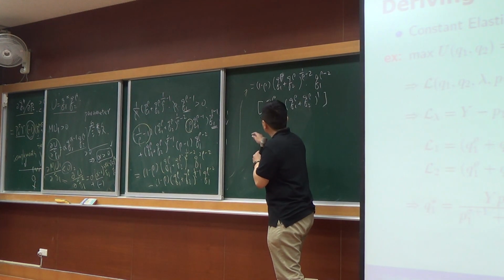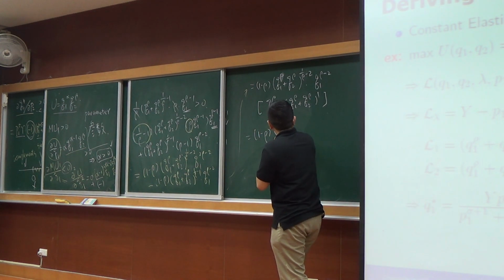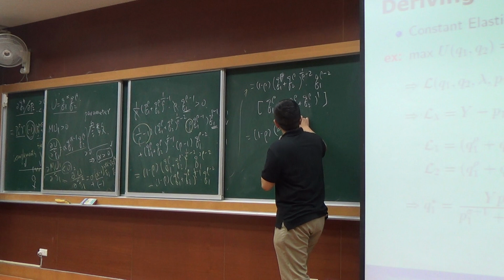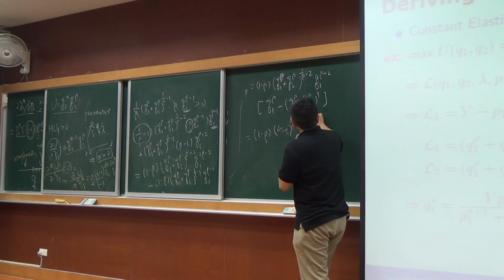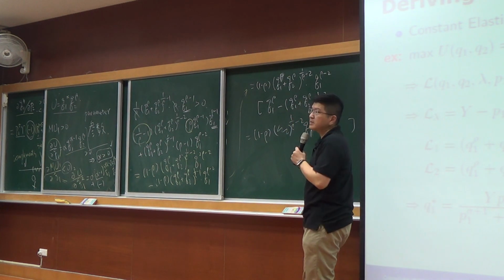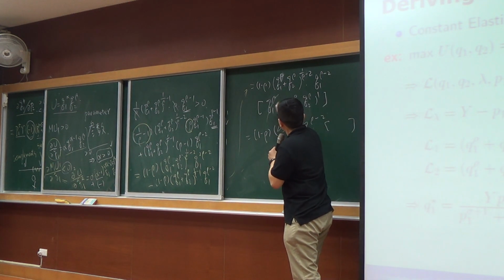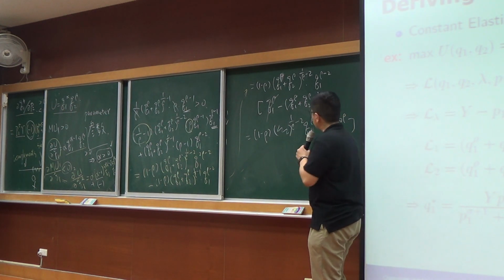This would be 1 minus rho and so on, Q2, Q1 rho over rho minus 2. And what about the square parenthesis? This would be cancelled, and a negative Q2 to the power of rho, right?